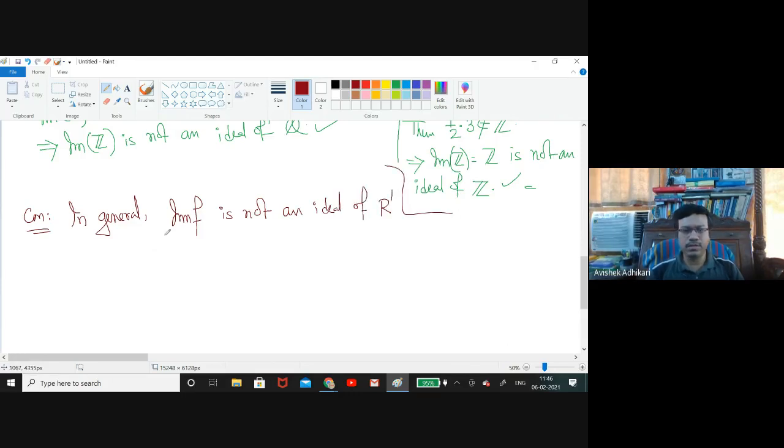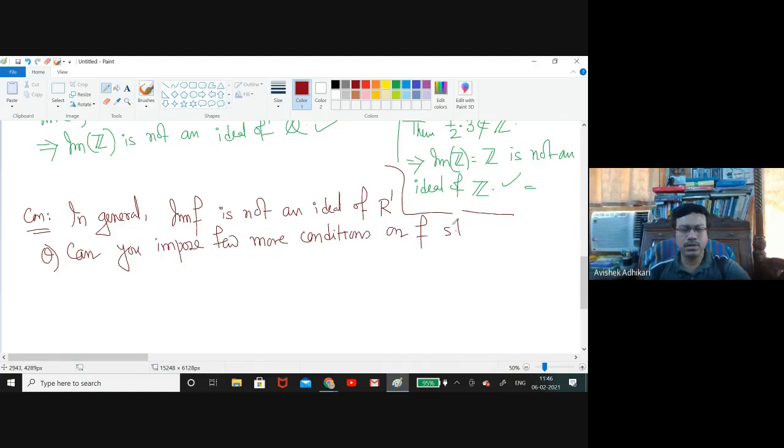So in general, right? Now the question is, can you impose a few more conditions on F so that image F becomes an ideal of R dash?